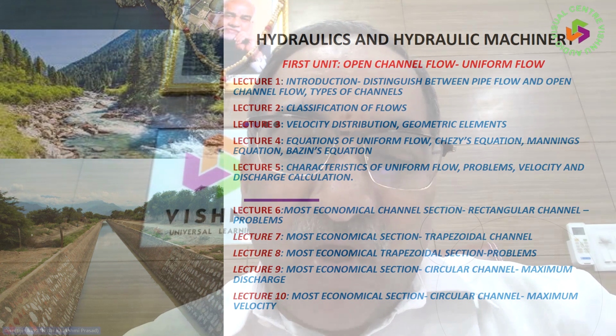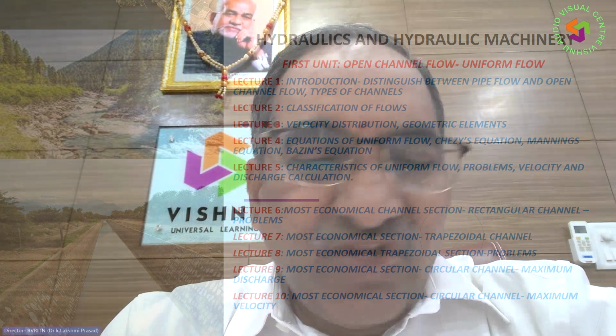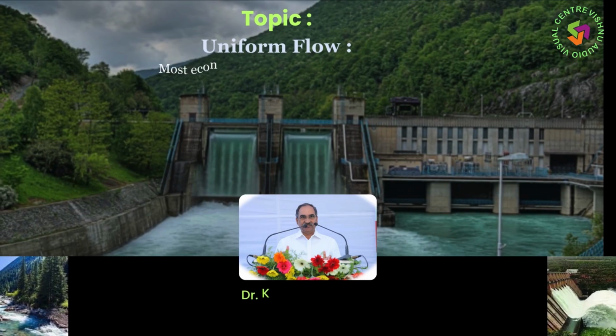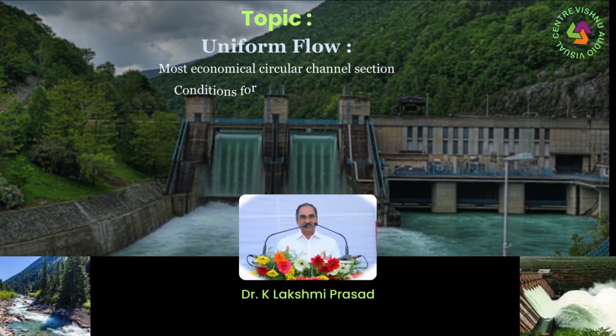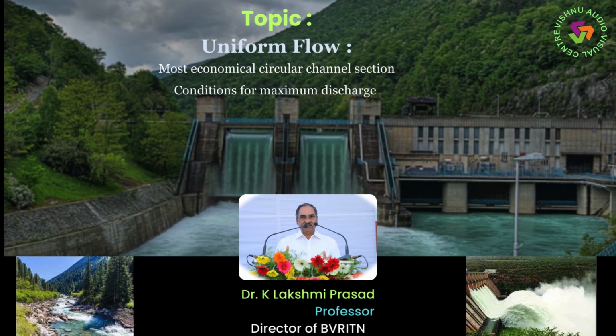There is a peculiar problem in the circular channel section. In the two previous cases, when we are doing the most economical condition, the first thing is that the discharge should be maximum. Economical means the channel should carry maximum discharge.